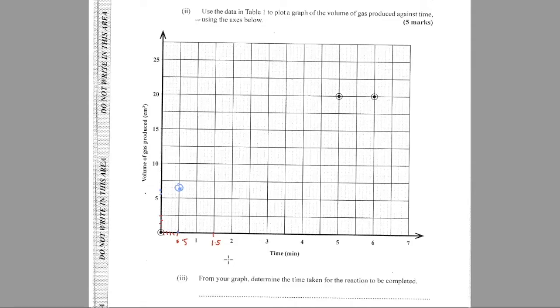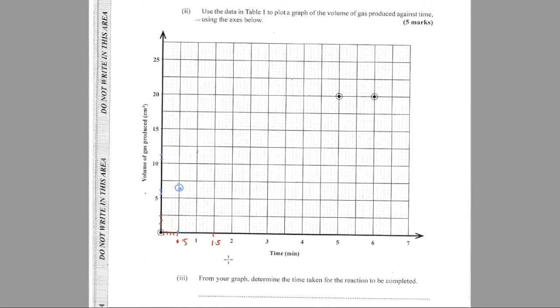All right, then at 1 minute, 11 cm cube. So this is 10.5, and this would be 11. So at 1 minute, 11 cm cube.